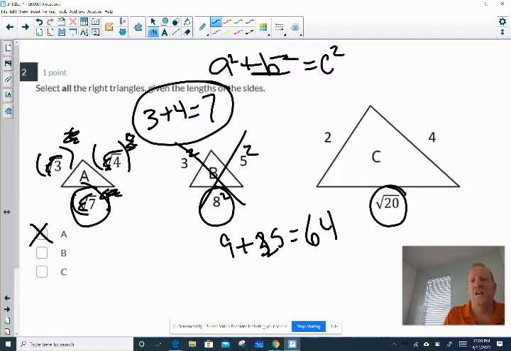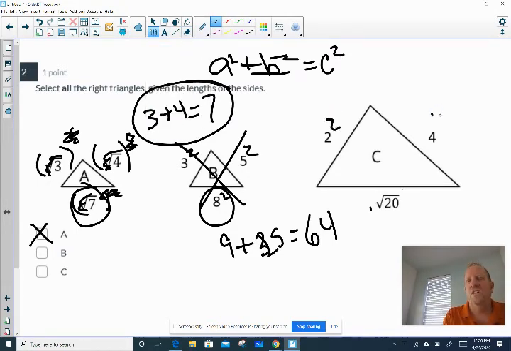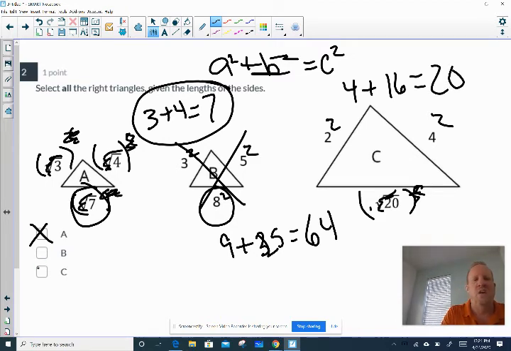So now let's look at the last one. 2 squared, 4 squared, square root of 20 squared. Well, this is 4 plus 16. Remember, squaring a square root leaves 20. So A and C are the correct numbers on this one.